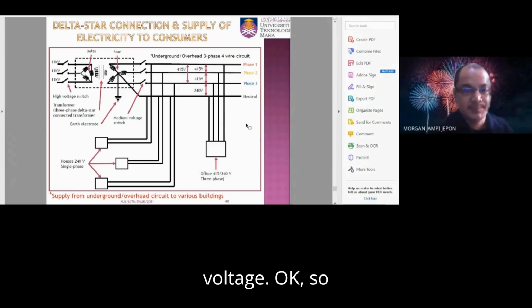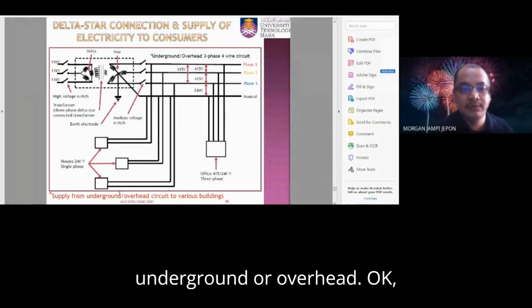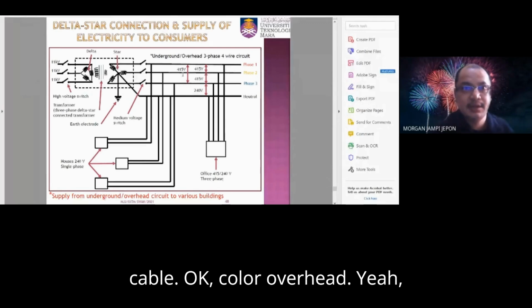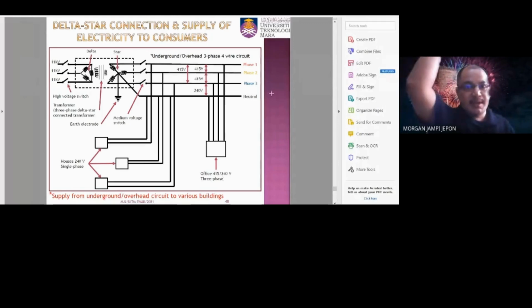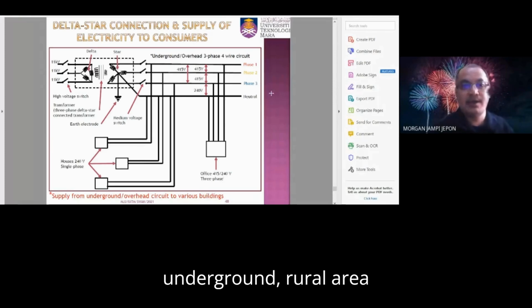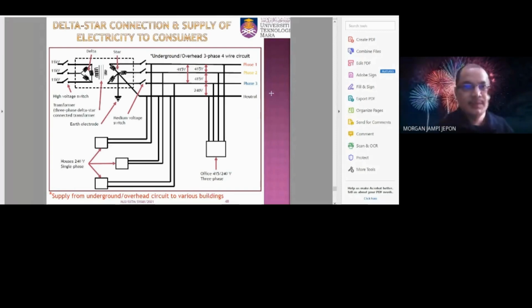The supply cable could be underground or overhead. Overhead is above the head, underground is below the ground. In urban areas, underground is preferable. In rural areas, overhead is preferable.